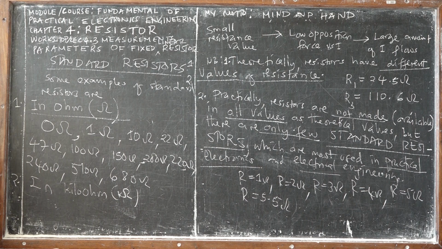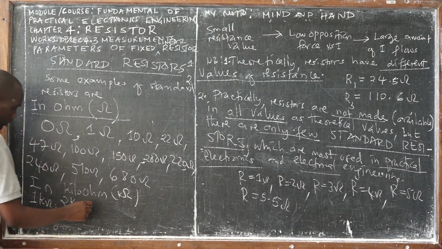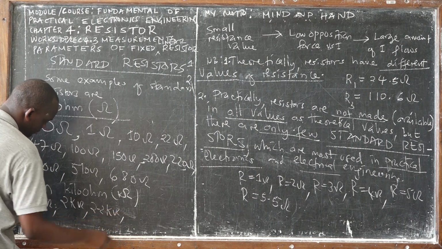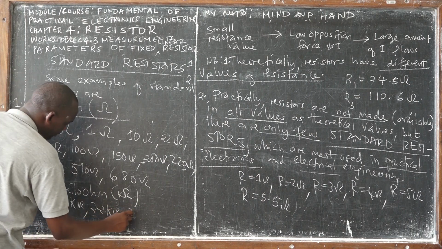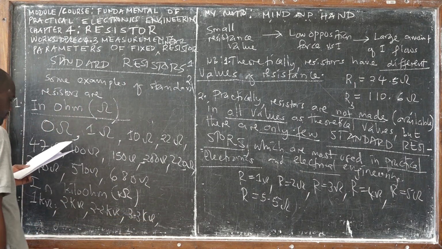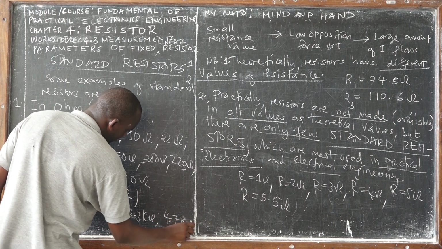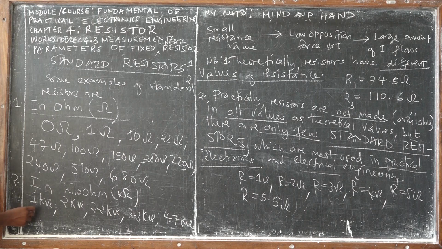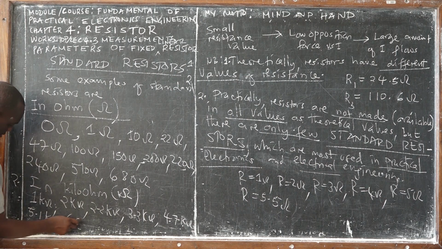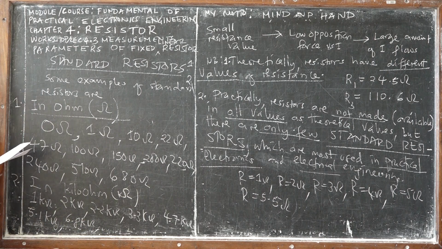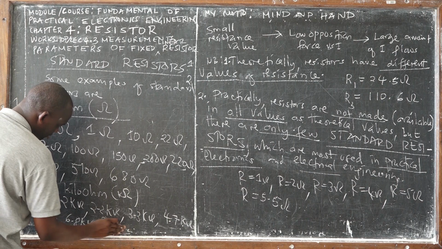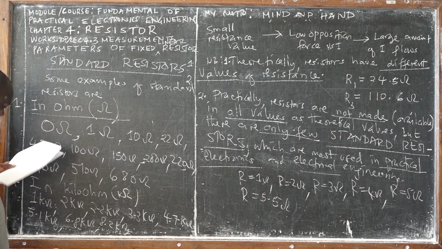Some examples of standard resistance: we have 1 kilo ohm, then 2 kilo ohm, then 2.2 kilo ohm, then 3.3 kilo ohm, then 4.7 kilo ohm, 5.1 kilo ohm, 6.8 kilo ohm, 8.2 kilo ohm, and 10 kilo ohm.